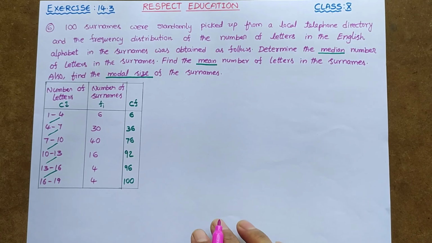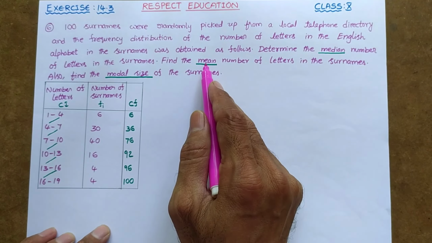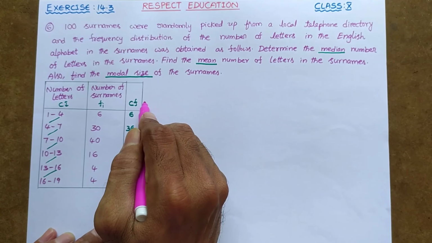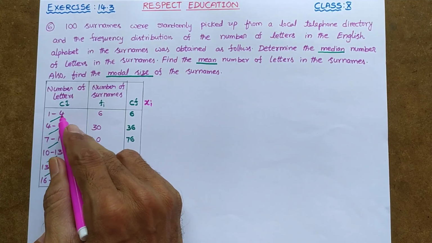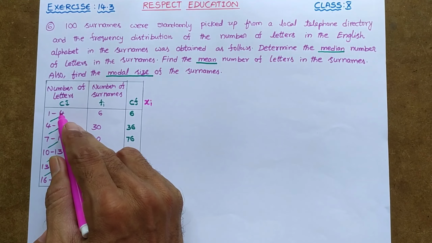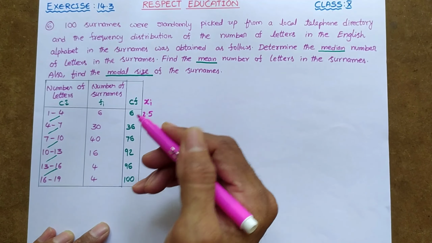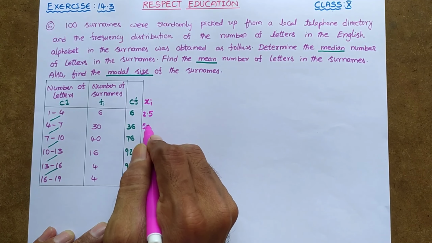Now let us make the table ready for finding mean, for which here we need to find the class mark, that is Xi, that is the mid value of 1 and 4. 1 plus 4 is 5, 5 by 2 is 2.5. Clear? 4 plus 7 is 11, 11 by 2 is 5.5.